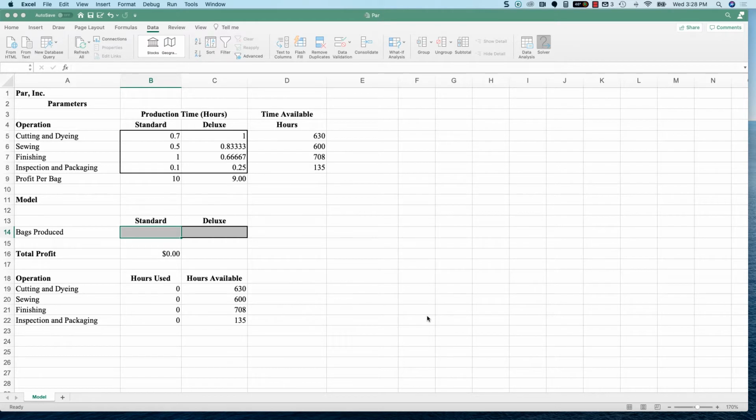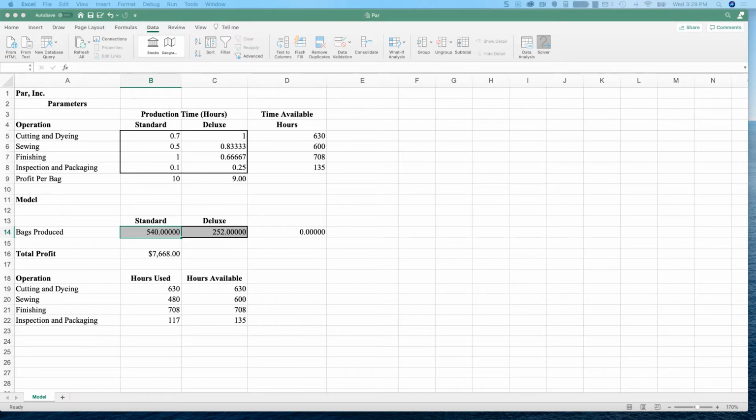When I solve the problem, we end up with answers for each of the products. If you remember the problem from previously, we had standard bags and deluxe bags. This is telling us that we need to make 540 standard bags and 252 deluxe bags in order to maximize our profit, which would equal $7,668.